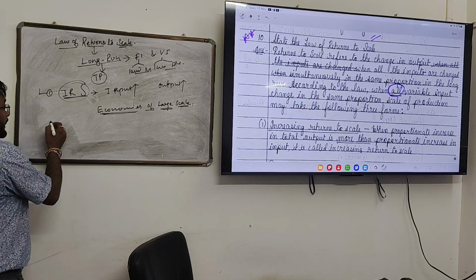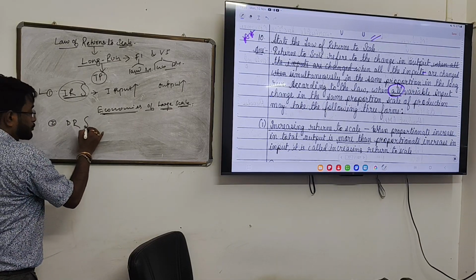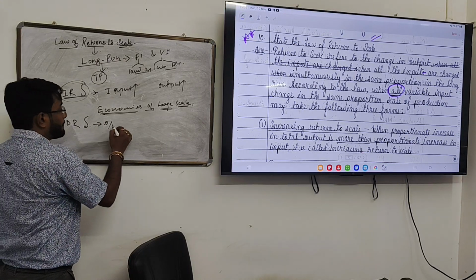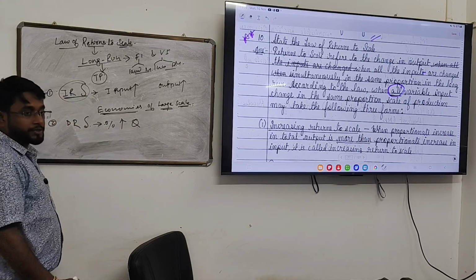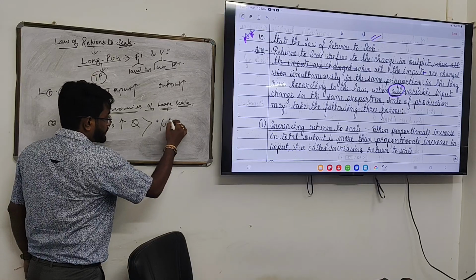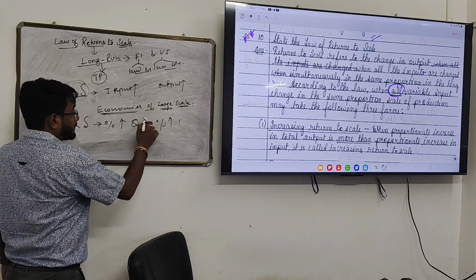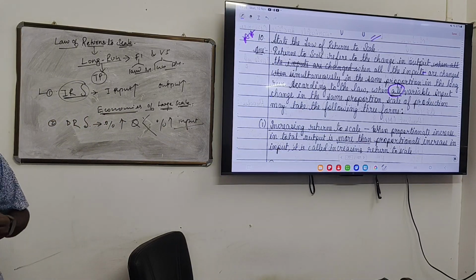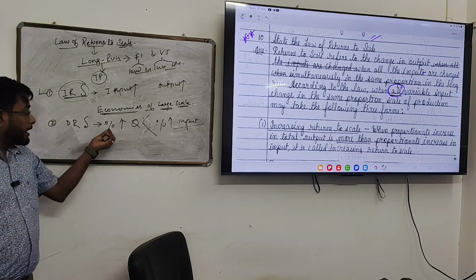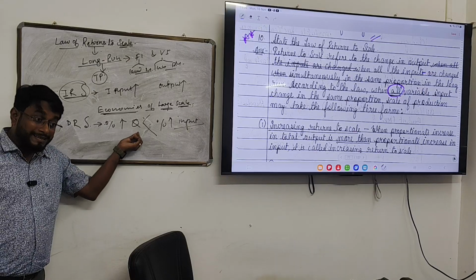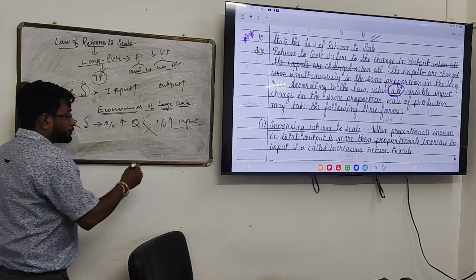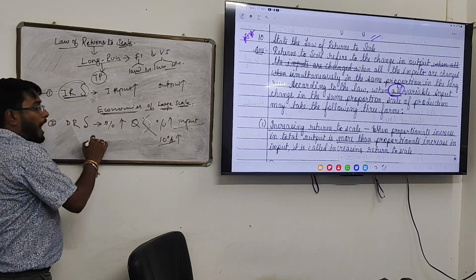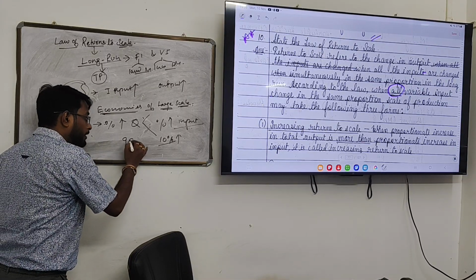Am I clear? Second is decreasing returns to scale. সেটা কি বলছে, সিম্পল ওয়ার্ডে, percentage increase in output, that is Q, is less than percentage increase in input. কি বললাম আমি, decreasing returns to scale, সেটা বলছে percentage increase in output is less than percentage increase in input. তার মানে যদি 10% ইনপুট বাড়ে, আউটপুট বাড়বে less than 10%, for example 9.9%.